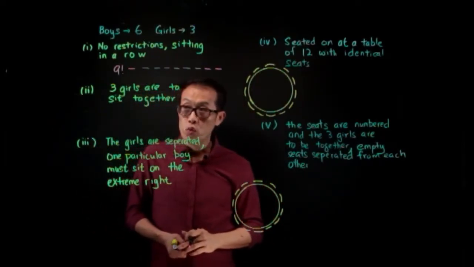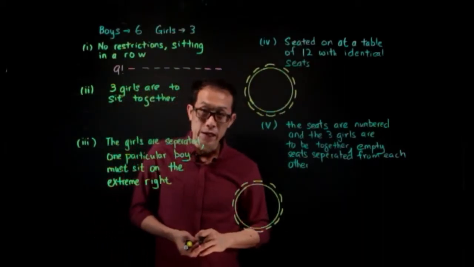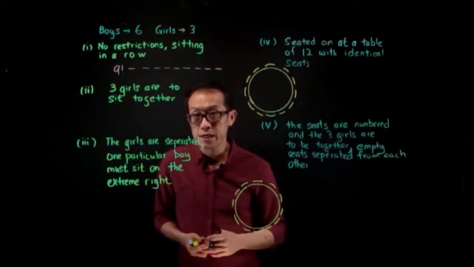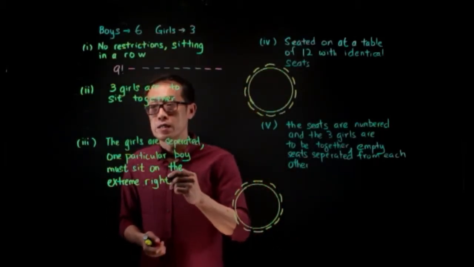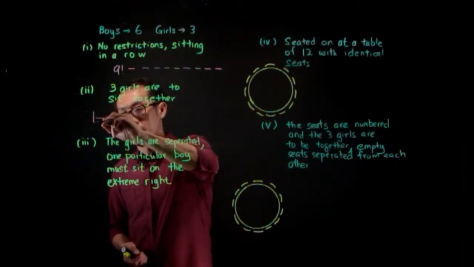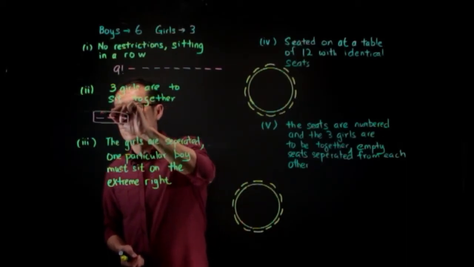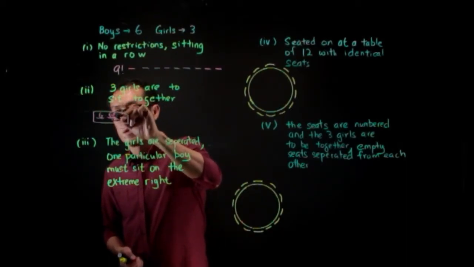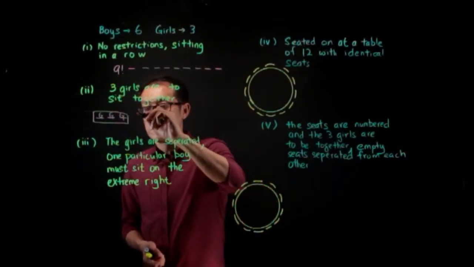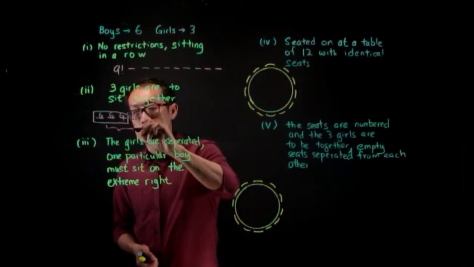Now, part 2. 3 girls are to sit together. Now, what we can do is we consider these 3 girls as one entity. So you have 3 girls here as one entity, followed by 6 boys. So altogether you got how many entities?